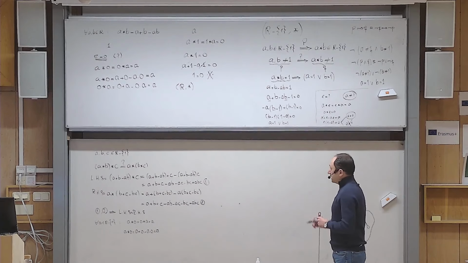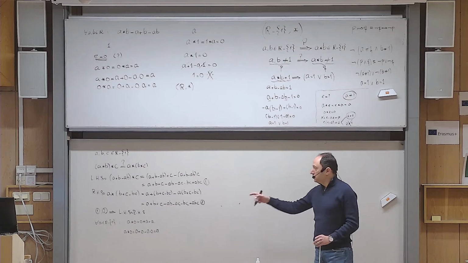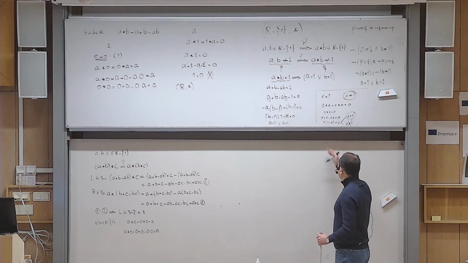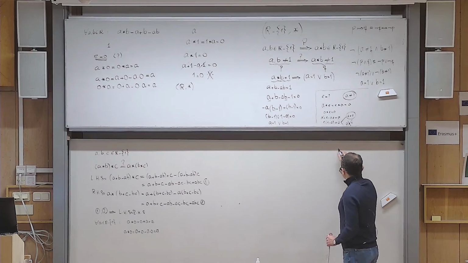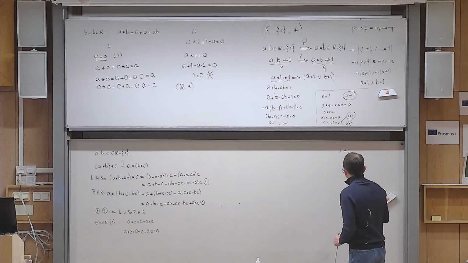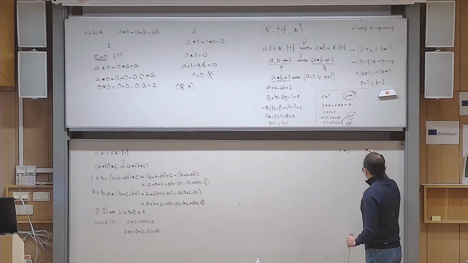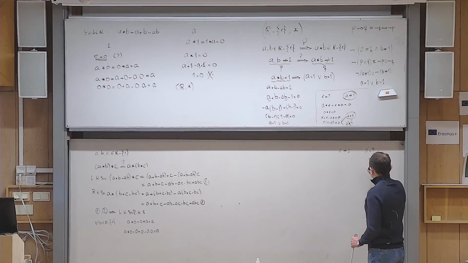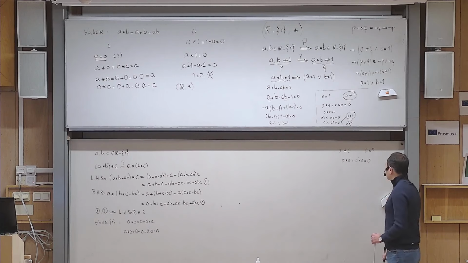The next one is the inverse. Okay, guessing the inverse, probably we have to work it out. So I go to a scratch paper, I choose a number from my set. It means that A is a real number which is not equal to 1. And then I ask myself, is there any number in my set so that A star A prime equals A prime star A equals the identity element which we discovered to be 0?